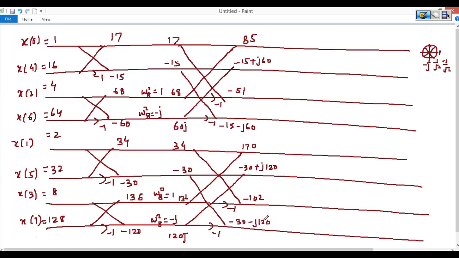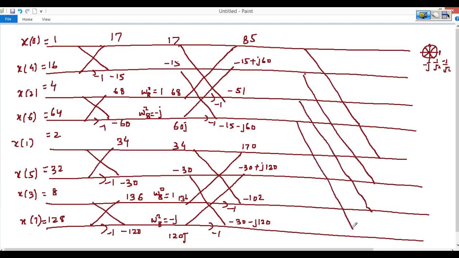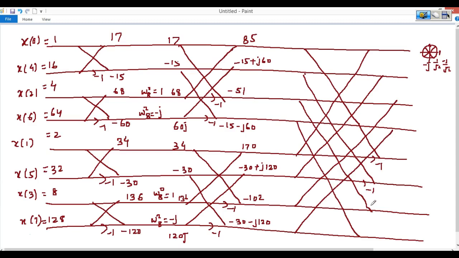So for the last stage we will draw it from here to here. This is incoming, so minus 1, minus 1, minus 1 and minus 1.